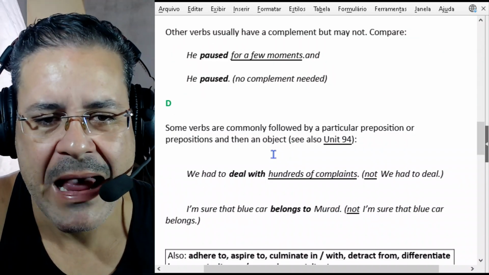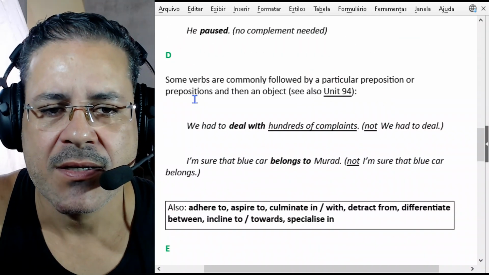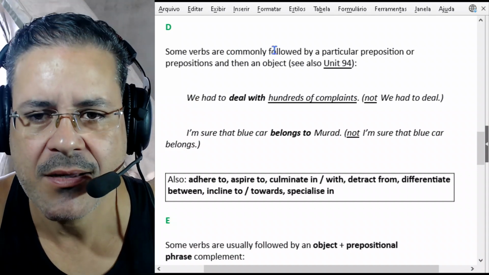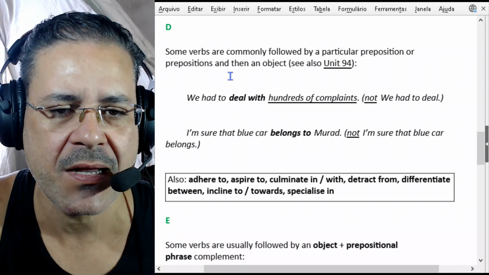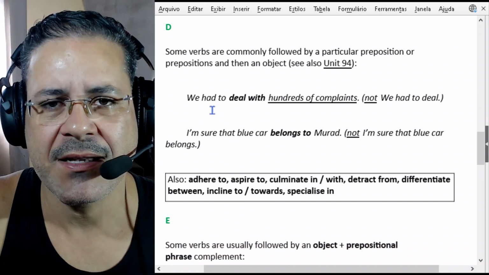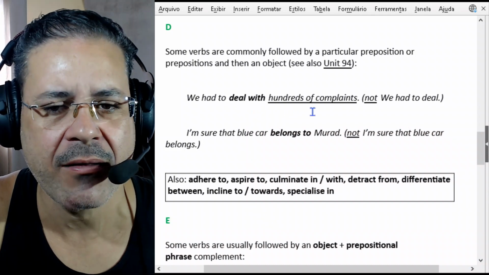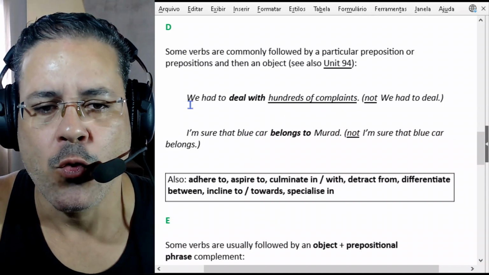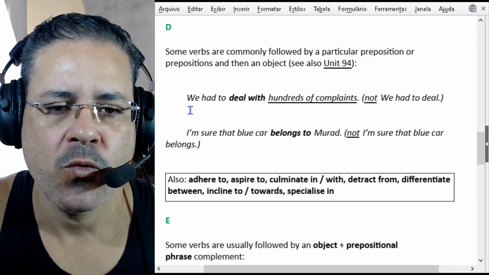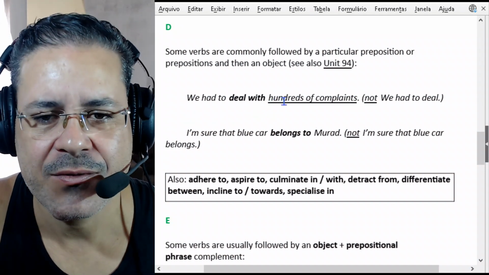Okay, moving on now to section D. Some verbs are commonly followed by a particular preposition or prepositions and then an object. For example, we had to deal with hundreds of complaints.